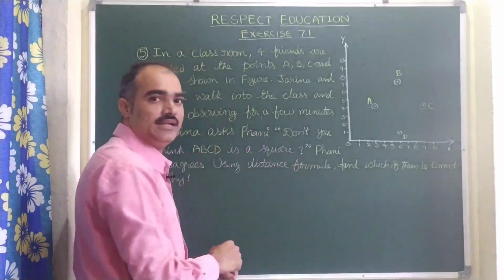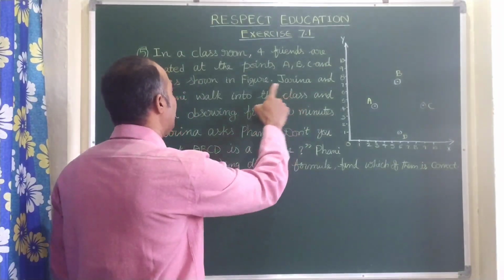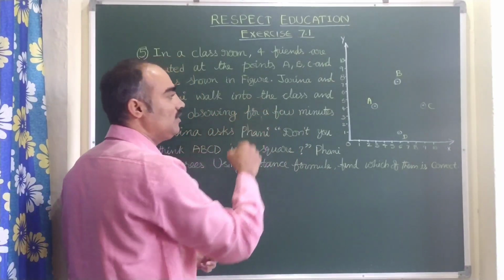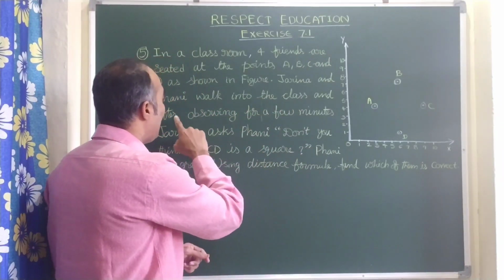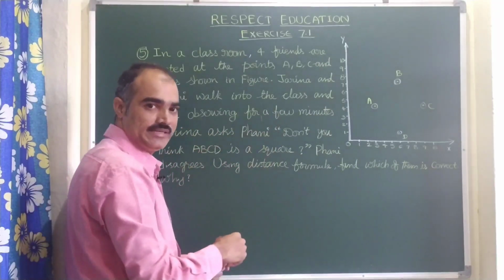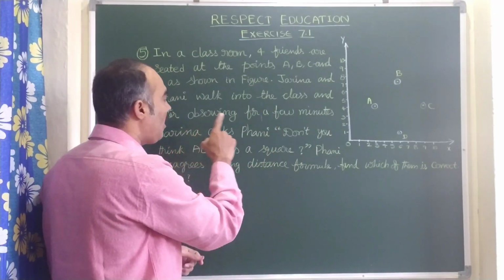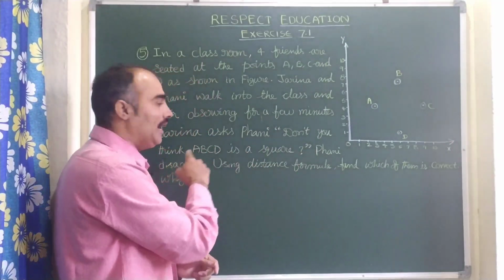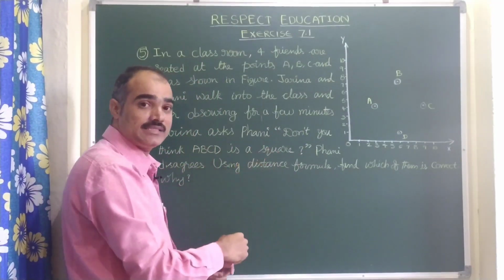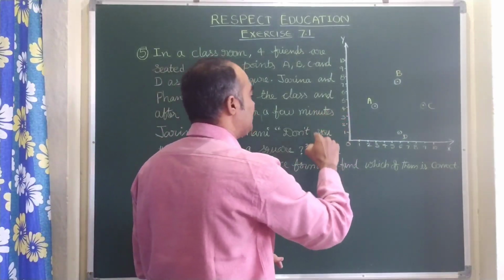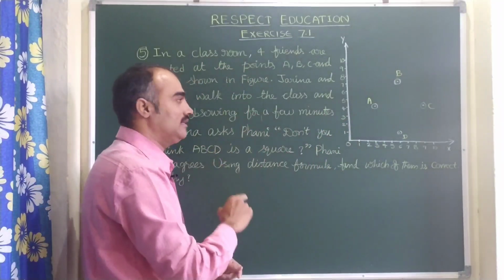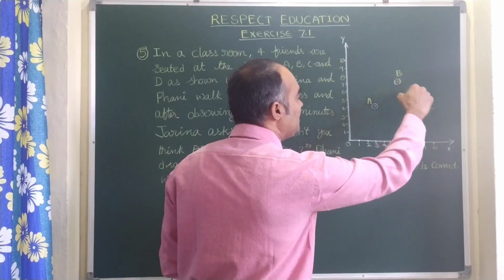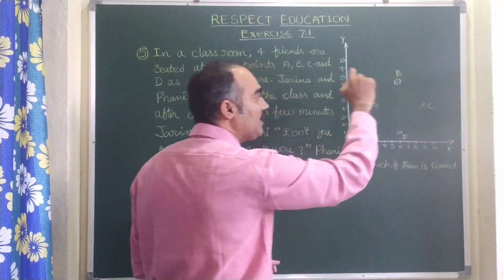There are 2 students named Jarina and Funny, who walk into the class and after observing for a few minutes, Jarina asks Funny, don't you think ABCD is a square? Jarina asked Funny whether he thinks ABCD is a square or not.